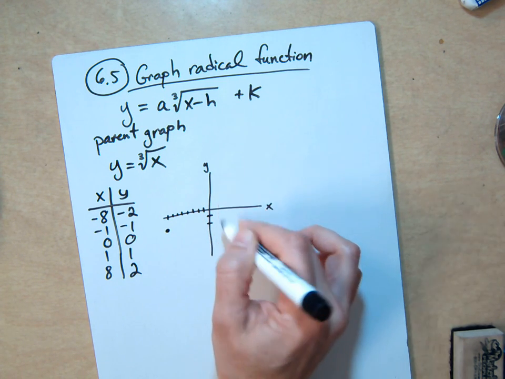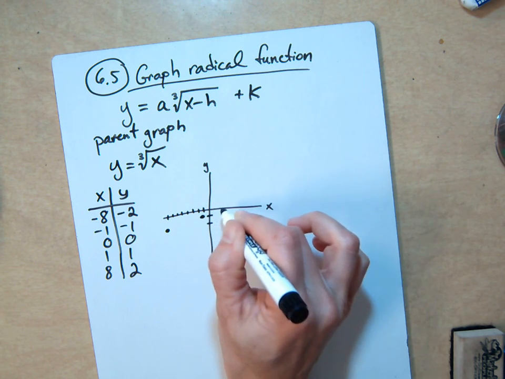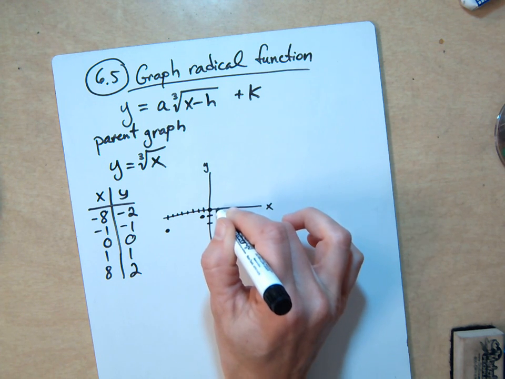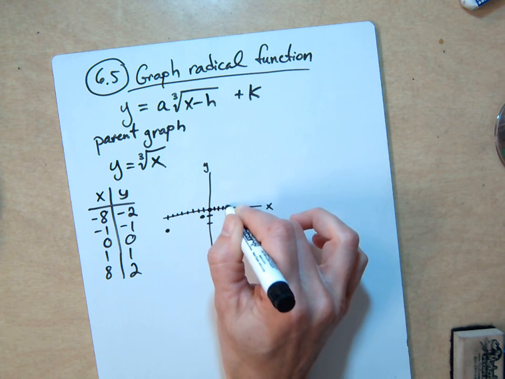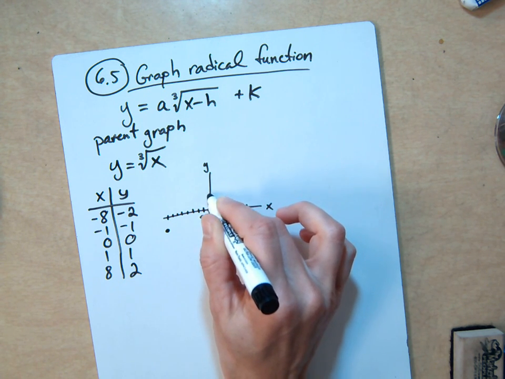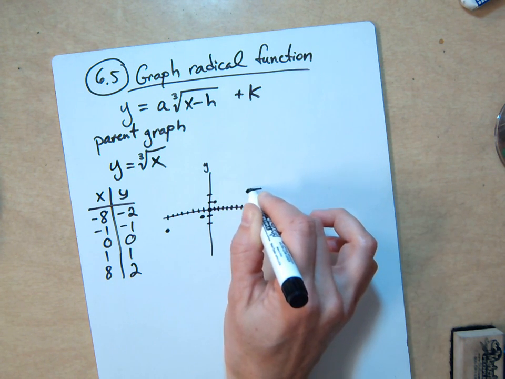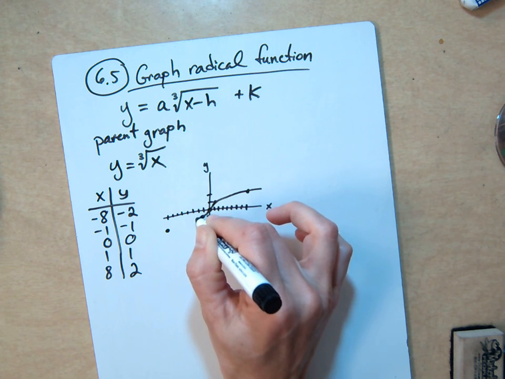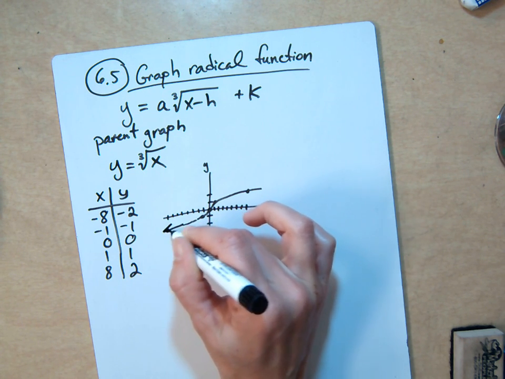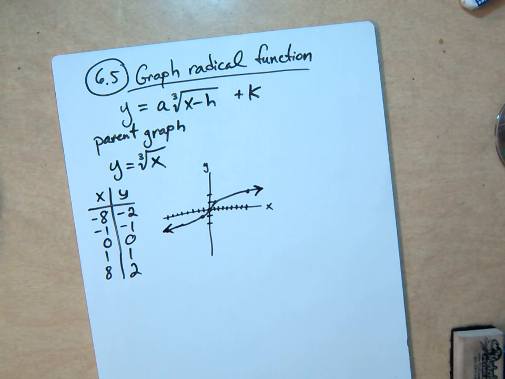It's fine as long as you're consistent on each axis. -8, -2 is there. -1, -1 is there. 0, 0. 1, 1 is there, and 8, 2 is there. So look at this thing. There we go. There's the shape. Cube root of x, the basic parent graph, which you could remind yourself by making a little table.